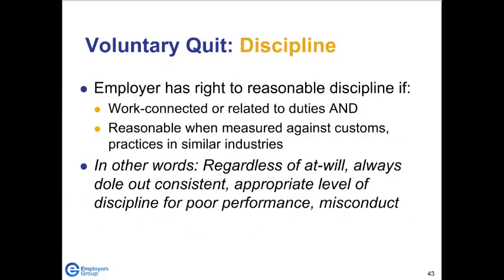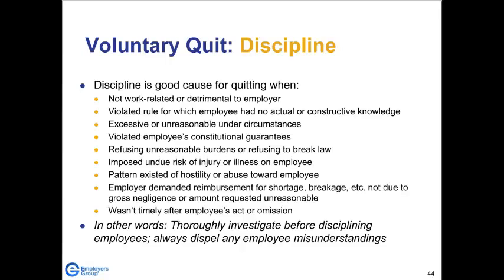Voluntary quits when it comes to discipline: discipline is good cause for quitting. In other words, an employee would be able to quit and still collect unemployment when the discipline is not work-related or detrimental to the employer, violated a rule for which the employee had no actual or constructive knowledge that the rule even existed, was excessive or unreasonable, violated the employee's constitutional guarantees, refused unreasonable burdens or refused to break the law, imposed undue risk of injury or illness, involved patterns of hostility or abuse towards the employee by the employer or supervisor, the employer demanded reimbursement for shortages, breakage, etc., or wasn't timely after the employee's act or omission.